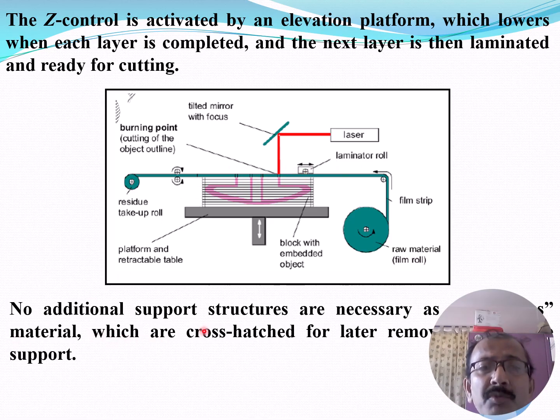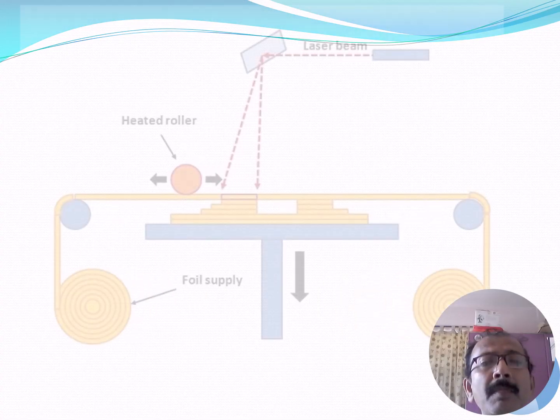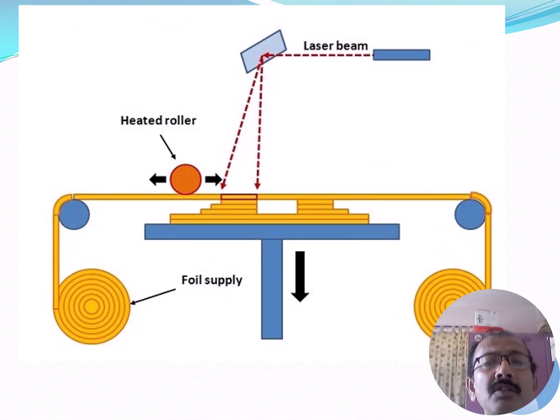No additional support structures are necessary as the material which is cross-hatched serves for laser removal support. So this is another diagram, a very simple diagram. This is the heated roller, this is the laser beam, laser is coming, and this is the foil supply.